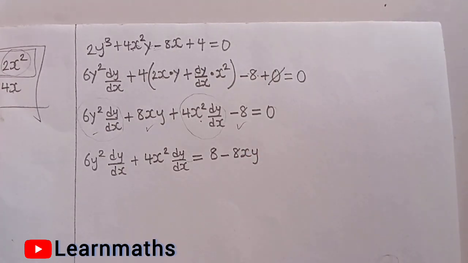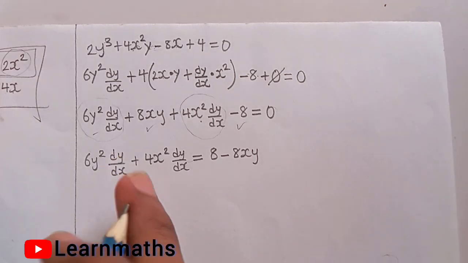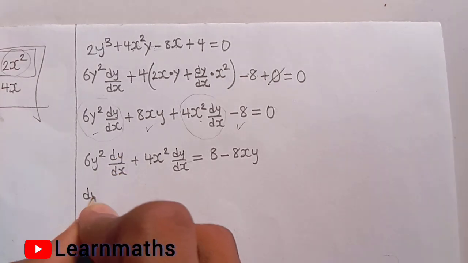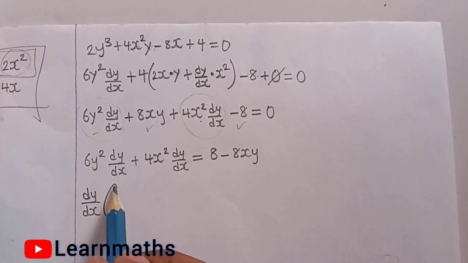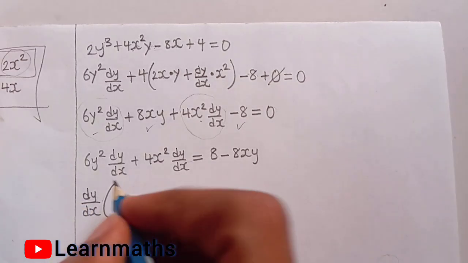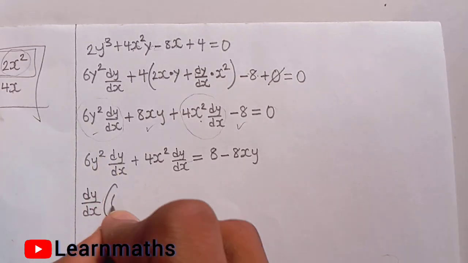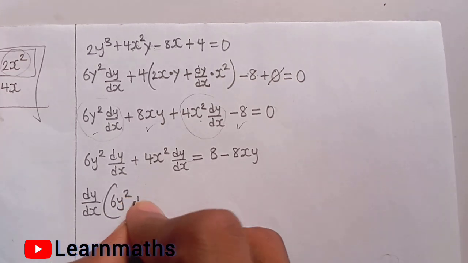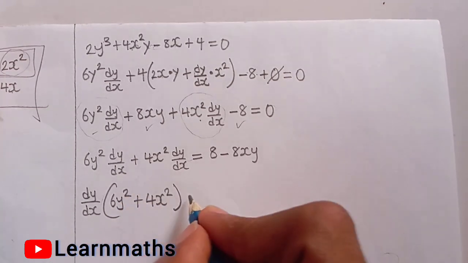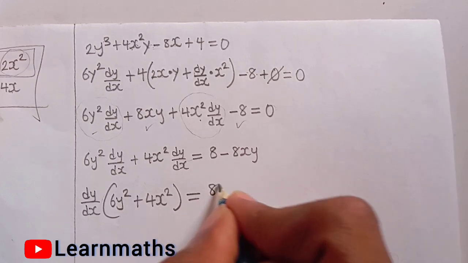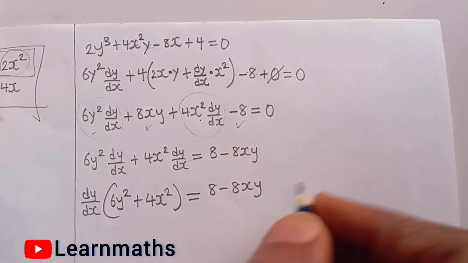Next, we factor out dy/dx from the left-hand side. So we have dy/dx outside the bracket, then in the bracket 6y squared plus 4x squared. All this is equal to 8 minus 8xy.